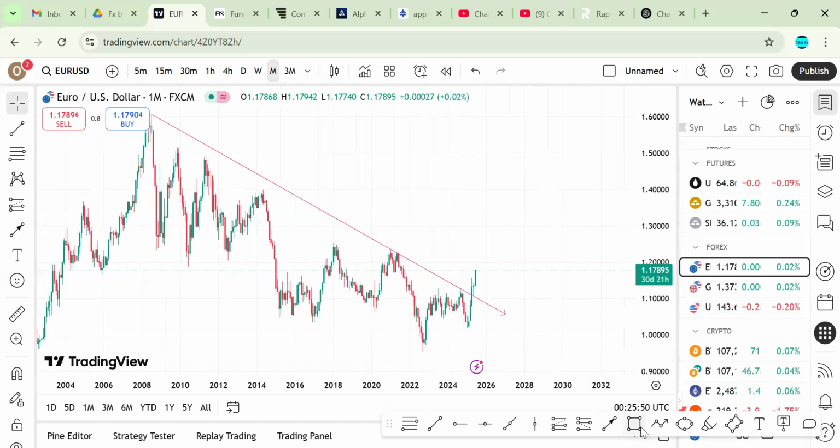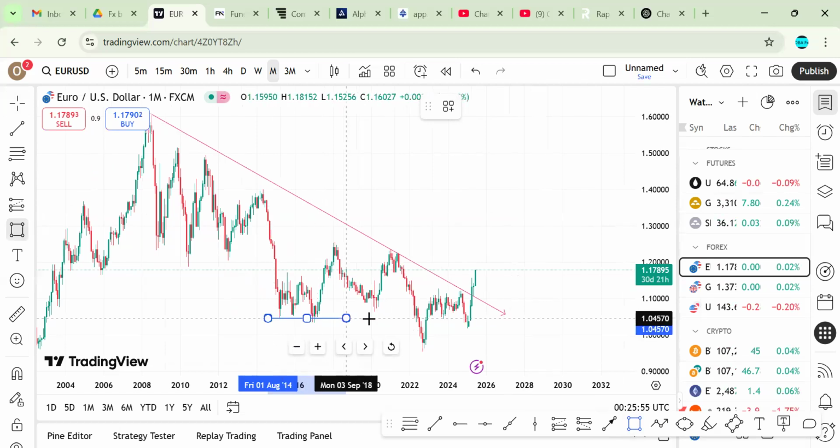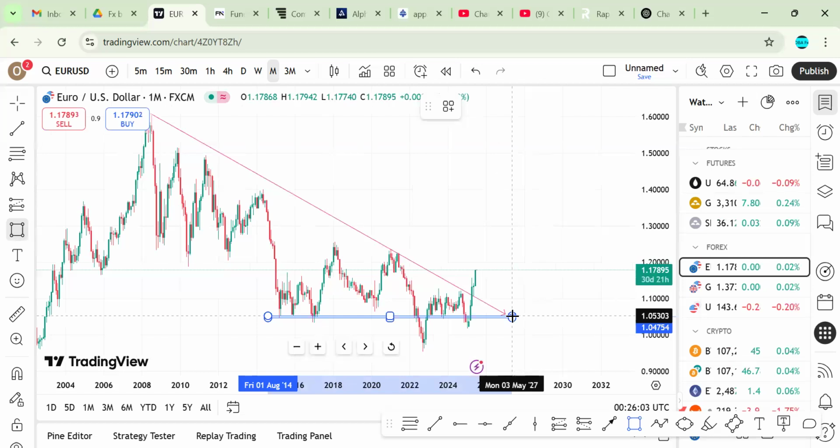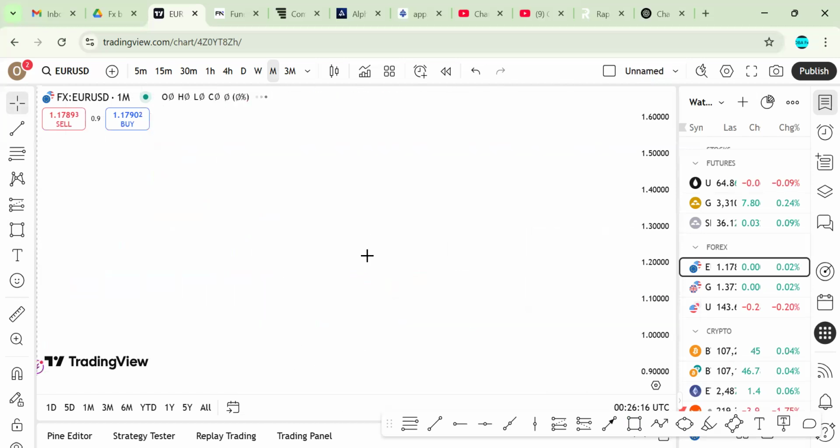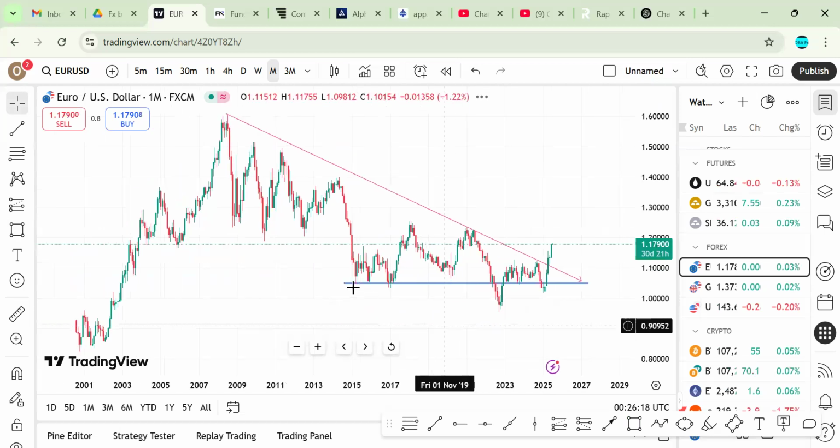So using my rectangle tool, the first place that looks really obvious to me would be this point. Now, I've talked about key points of interest in other videos on this channel. So in case you are not that conversant with it, you can just check the video out. So once I map this point, you can see that there are lots of rejection candlesticks rejected by this particular zone, acting as what?